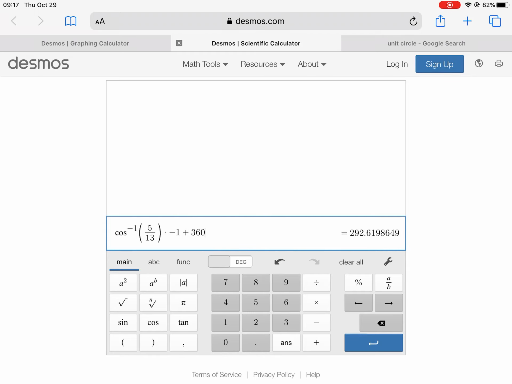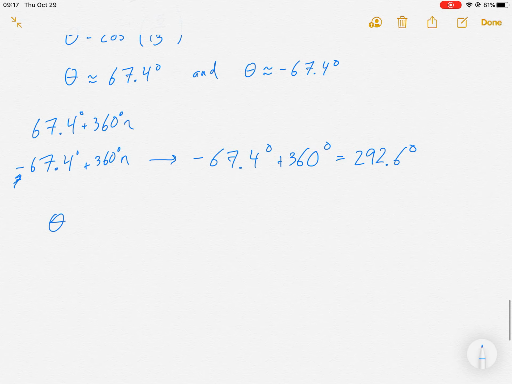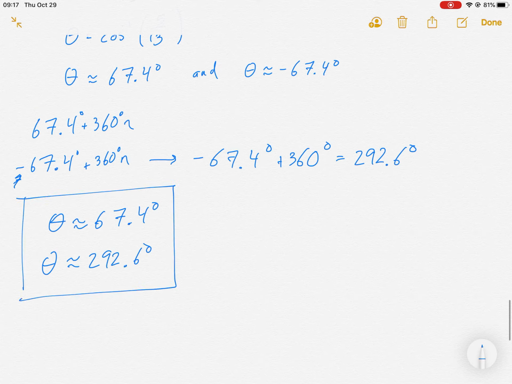So I end up with 292.6. So then my final answer would be theta is approximately 67.4 and theta is approximately 292.6 degrees. And we have just solved the problem.